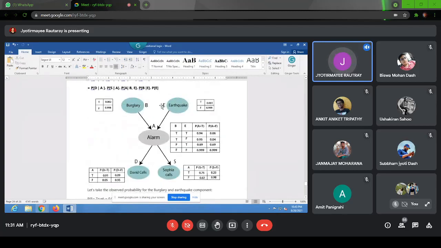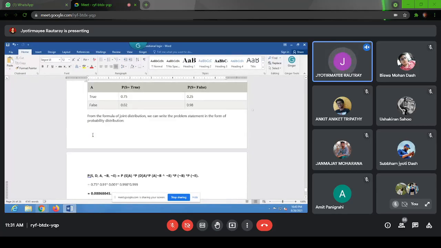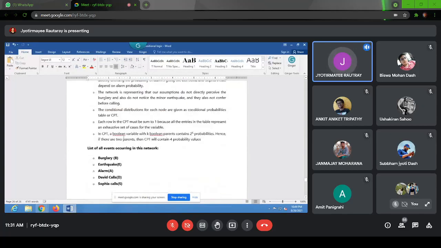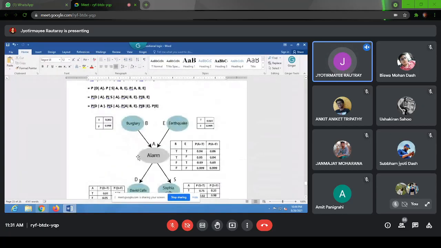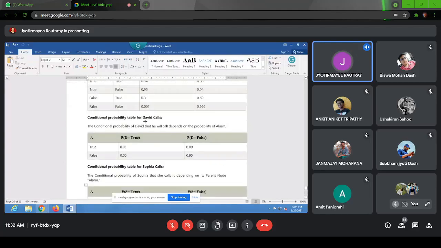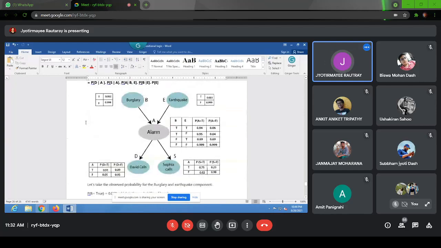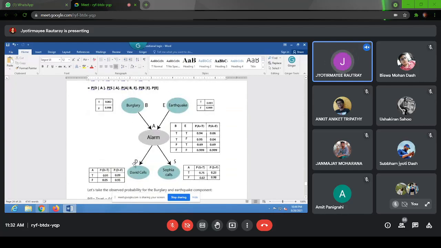If the table is given, you will be asked to find such a question. From this question you have to identify the probability of S, D, A, negation of B, negation of E, write the formula, put these values from the conditional table and multiply them, and you have to draw this network.